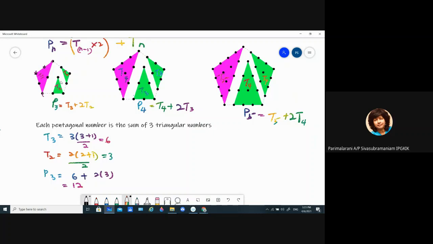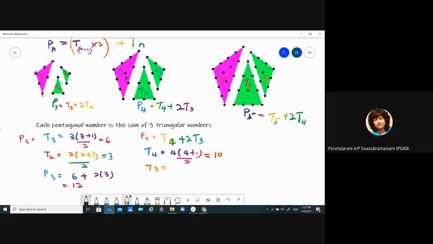For P4, this is P3, yeah? So P4 is actually equivalent to T4 plus 2 T3. And we know that T4 is 4 into 4 plus 1 over 2. How much is this? 10, correct?